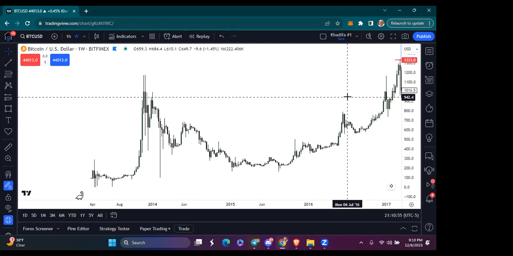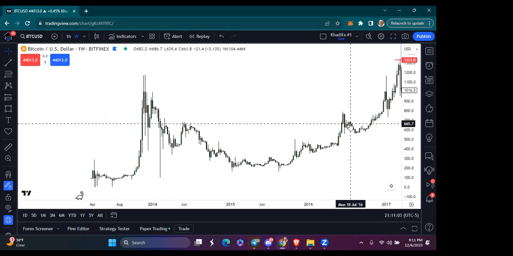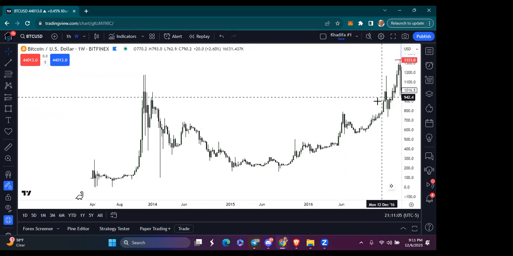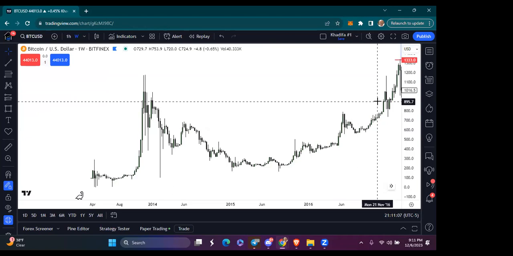So this was the week of the second Bitcoin halving in July of 2016. You see, we had the halving and then price went up. So the price of Bitcoin at the first Bitcoin halving on November the 28th, 2012 was $12.30. That was the price of Bitcoin at the first halving.